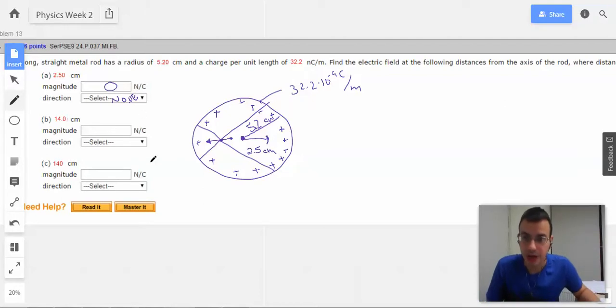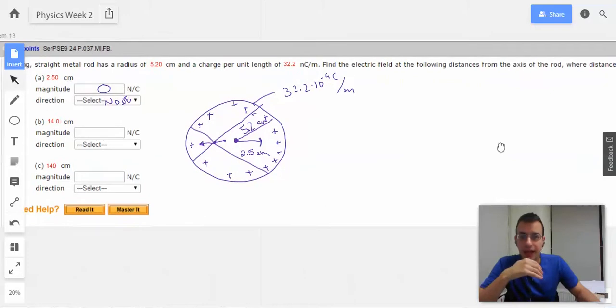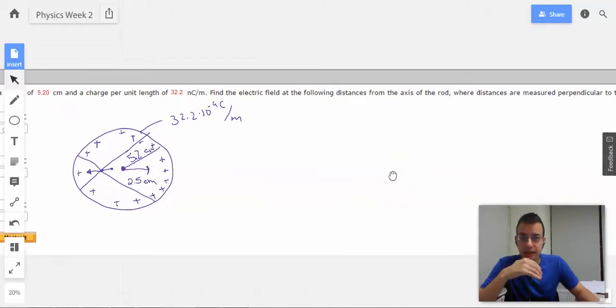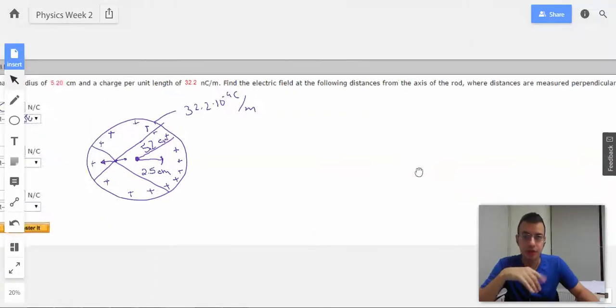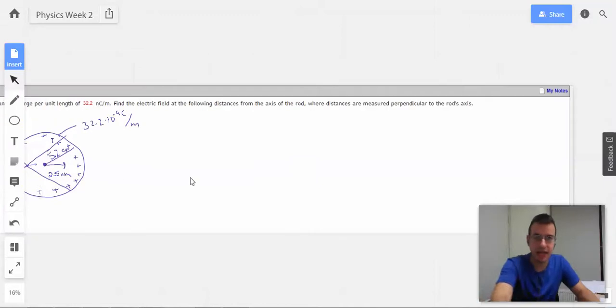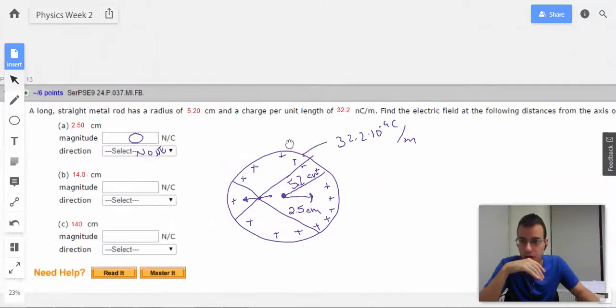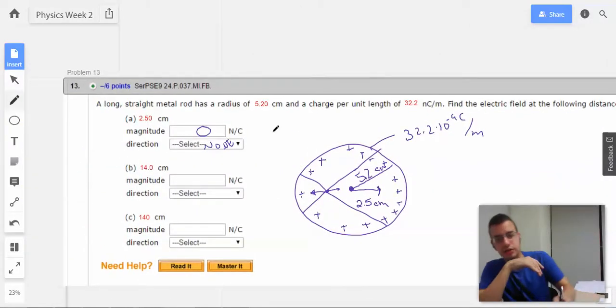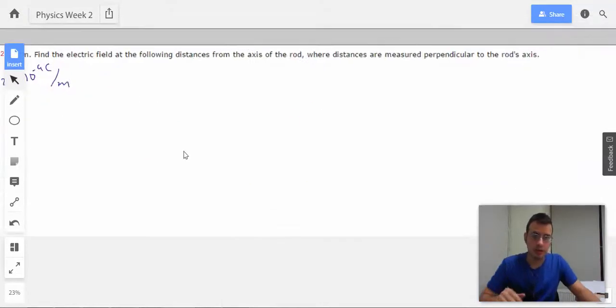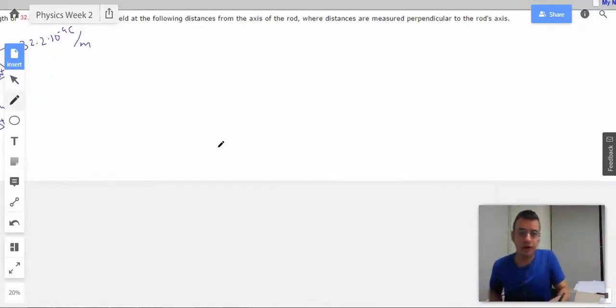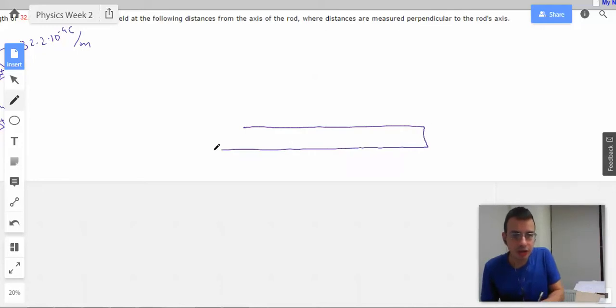B, though, they're asking for what is the electric field at 14 centimeters. 14 centimeters, okay. I'm going to redraw this picture, as they use the term long. A long rod basically means infinite. So I'm going to draw a side view.